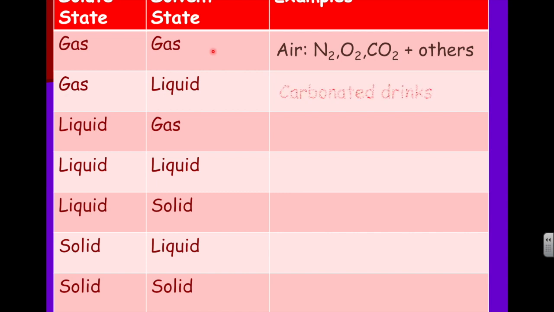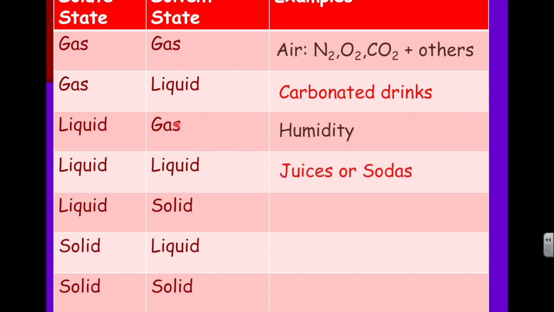Gas dissolved in a liquid would be like carbonated drinks. A liquid dissolved in a gas could be like the humidity that you see in the air, right? We have liquid water that is ending up in our gas atmosphere. So liquids can be in solids, which is kind of crazy.